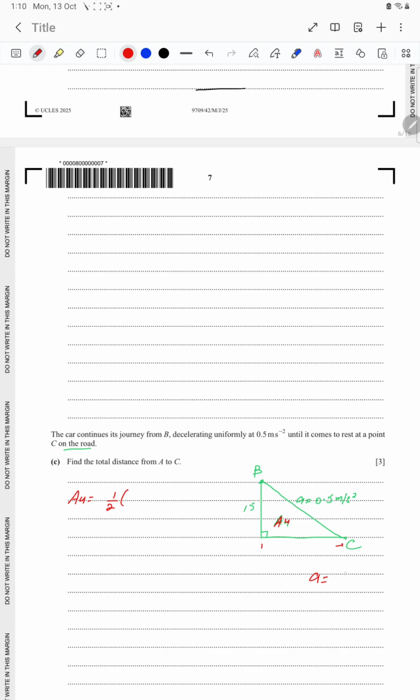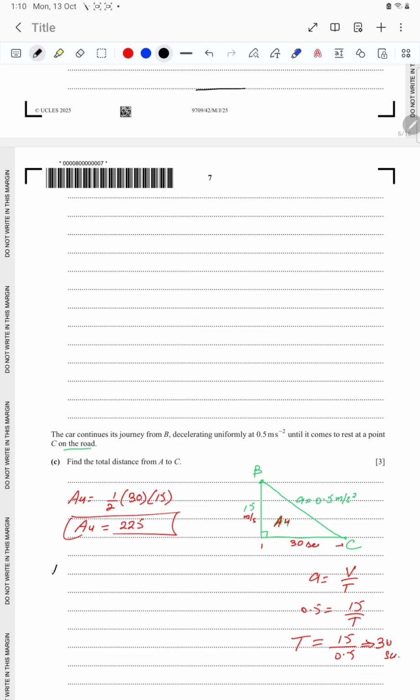A is equal to V by T. V is given as 15, A is 0.5, and T we have to calculate. T is equal to 15 by 0.5, which is 30 seconds. So this will take 30 seconds. So the area is half base into height, that is 225 square units. This is what I have calculated.